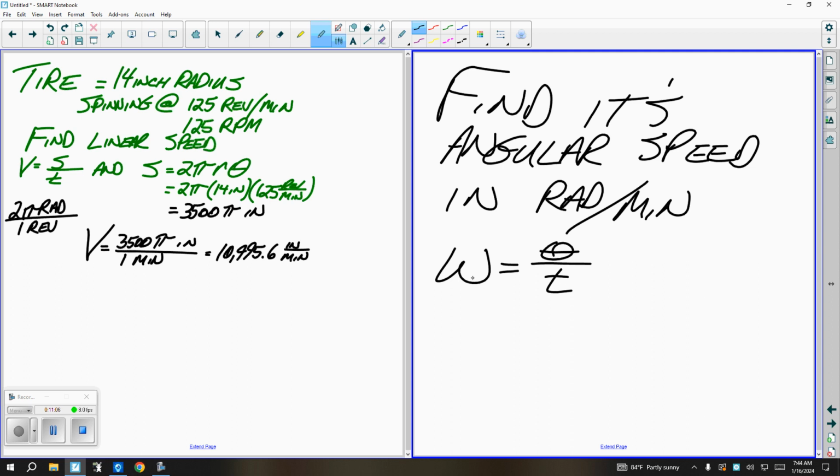So theta is going to be 125 revolutions times 2 pi radians per 1 revolution.